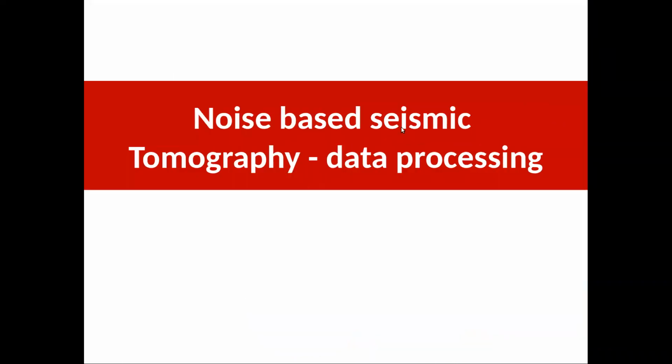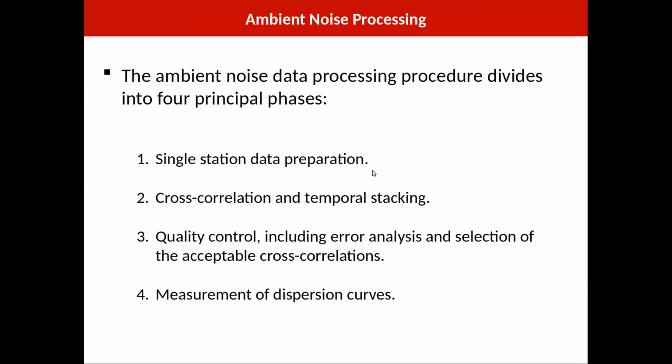So now we go through some of the processing steps that you can do, just to give you an idea how to turn the noise source into signal. Okay, so the ambient noise processing is mainly based on four principal phases, which are written here. So the first phase is single station data preparation.